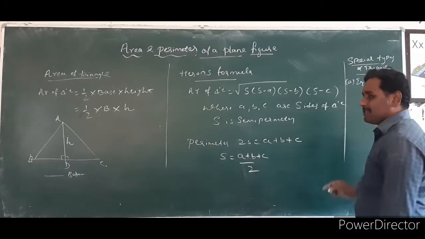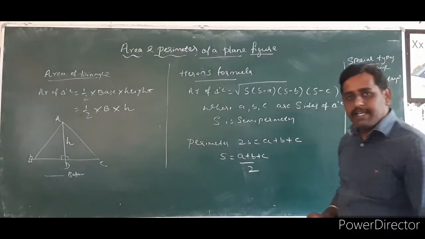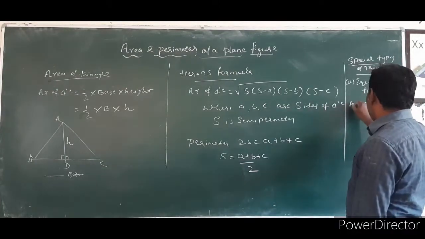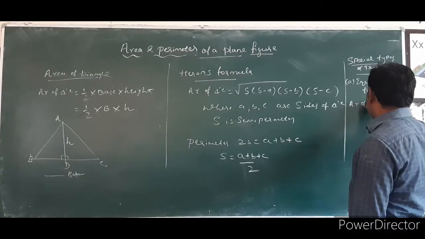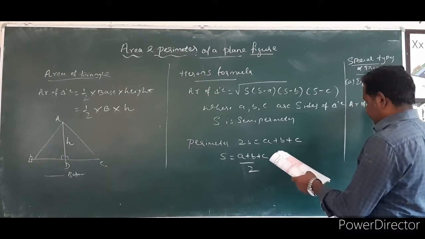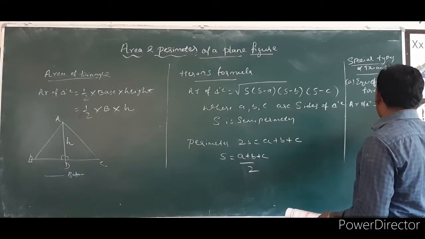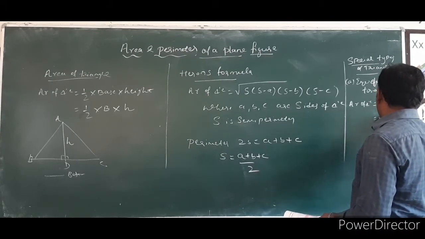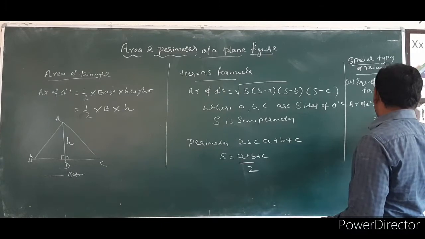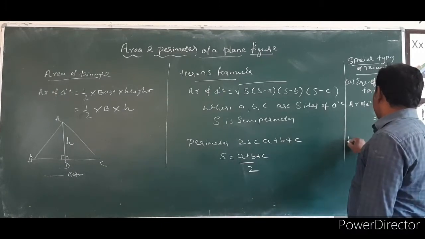Equilateral triangle means all the sides are equal. How to find the area? Area of triangle is equal to root 3 by 4 into side square, that is root 3 by 4 A square.